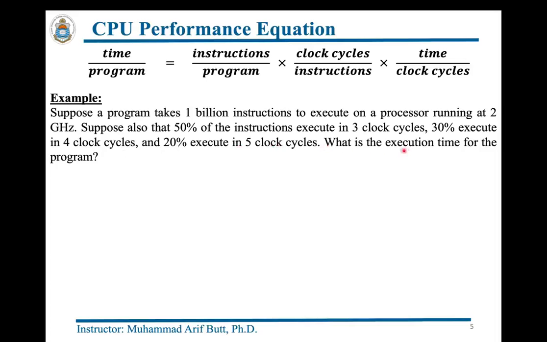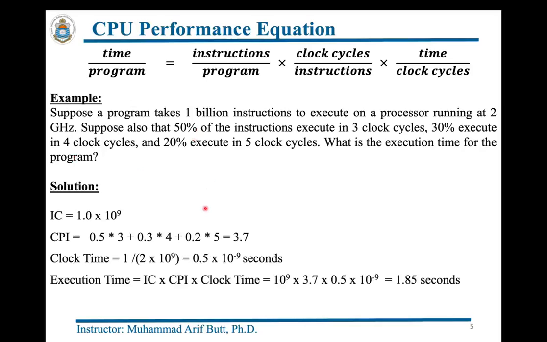The question is, what is the overall execution time of the program? So if we put all these values in this CPU equation, we get the execution time to be 1.85 seconds. I hope this makes sense to you all.